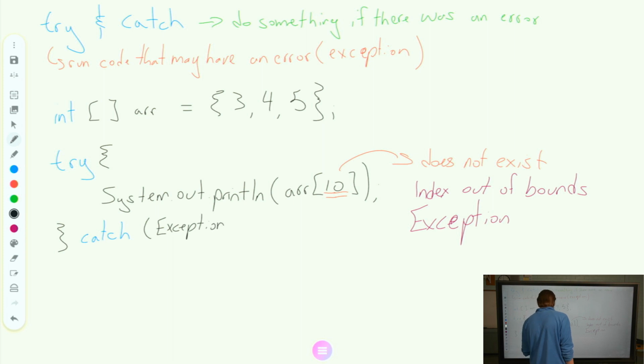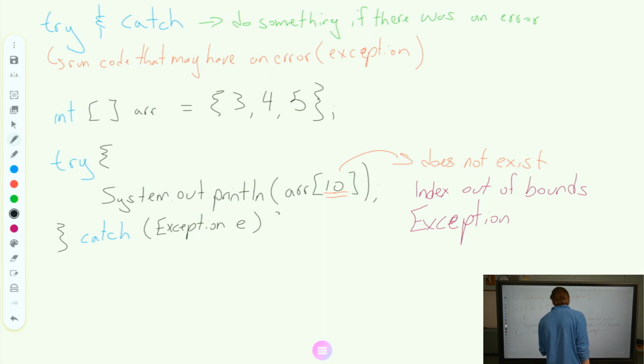There are many different types of exceptions, but if you just write simple Exception and then we give it a variable name e, this will cover most of the exceptions and certainly will be enough for what we do in this class. There are lots of detailed types of exceptions that give you more tools, but for what we're doing, a simple Exception with the variable name e will work fine.